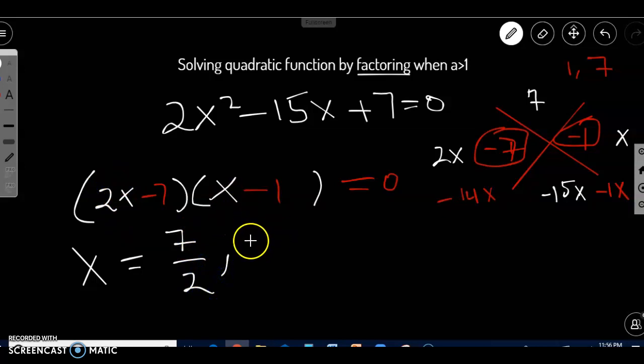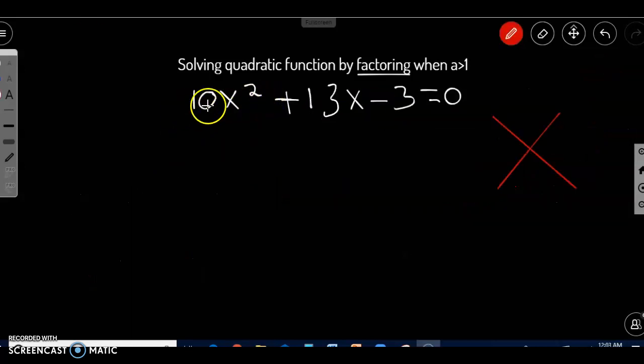And then the second one here, minus 1, so the opposite or the flip of it just gives you 1, and then you're done. So these are the solutions for this quadratic function.